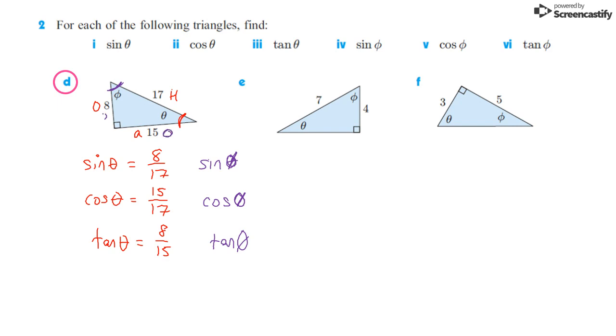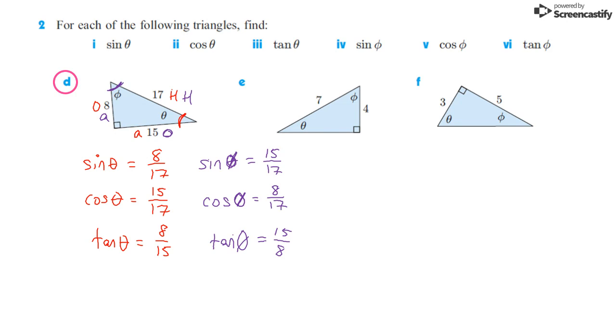This is now the adjacent. This is still the hypotenuse. So sine is opposite, so 15 over 17. Cosine is the adjacent, right? So 8 over the hypotenuse, so 8 over 17. And tangent is opposite over adjacent, 15 over 8.